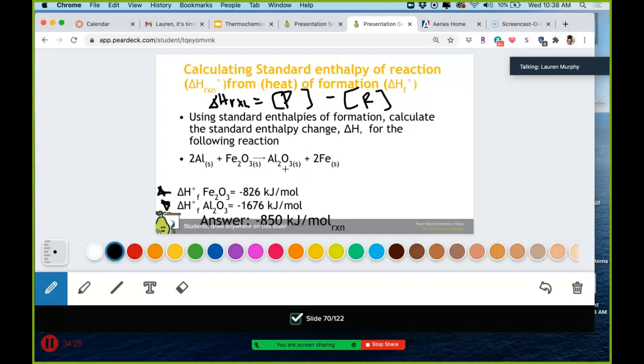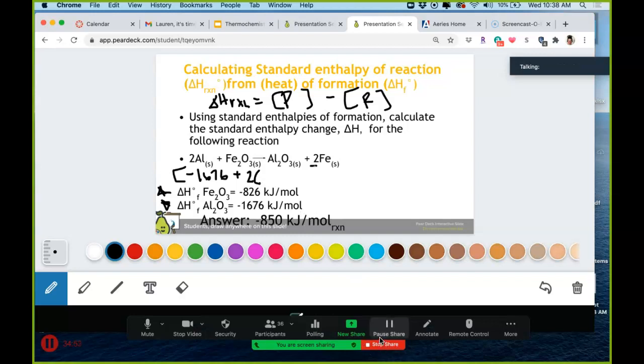So these guys are my products, aluminum oxide and iron. All right, so let's do products. My aluminum oxide is -1676. Plus, I have another product, so my products are added together. Now, this is 2 times, what's iron's enthalpy of formation? 0.